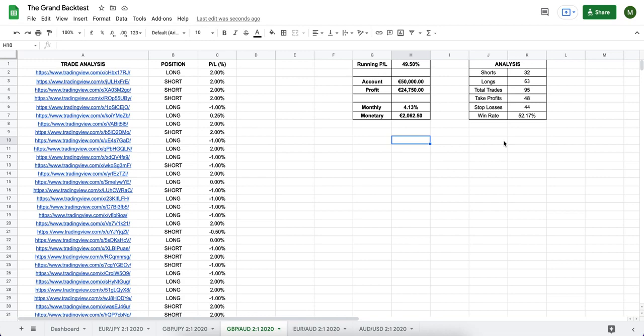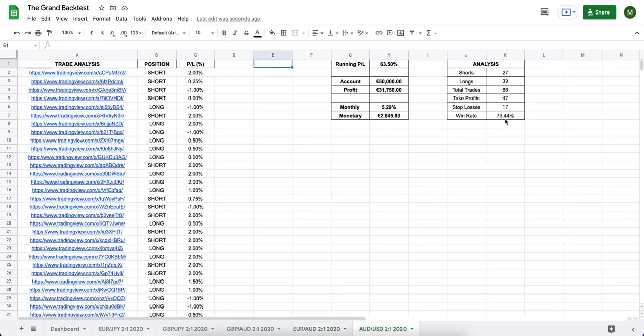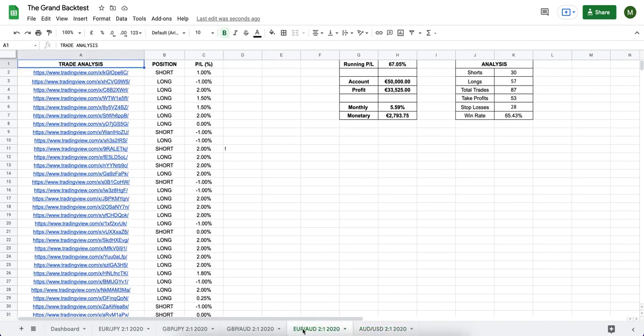Yeah, I just wasn't able to find my rhythm of the strategy on these pairs. While for example Euro AUD was pretty nice, 65% win rate, and Aussie dollar 73% win rate, 63% in total, which is also really good. So Euro AUD and AUD USD have been pretty nice for me.